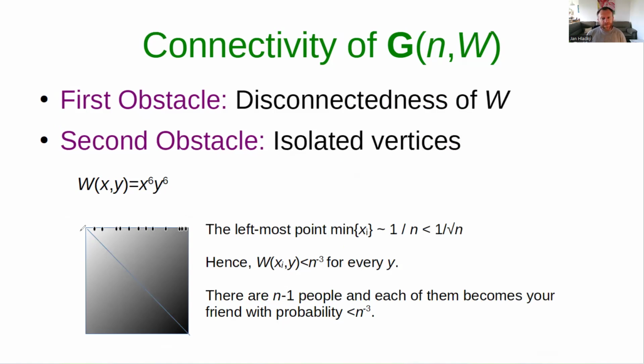For this specific vertex, its maximum connection probability to any other vertex y is at most n to the minus 3. Even with n minus 1 potential neighbors, right? Every vertex has n minus 1 potential neighbors. The expected number of edges for this vertex is nearly 0. So you can do a quick calculation and conclude that such a vertex asymptotically almost surely will have 0 friends.